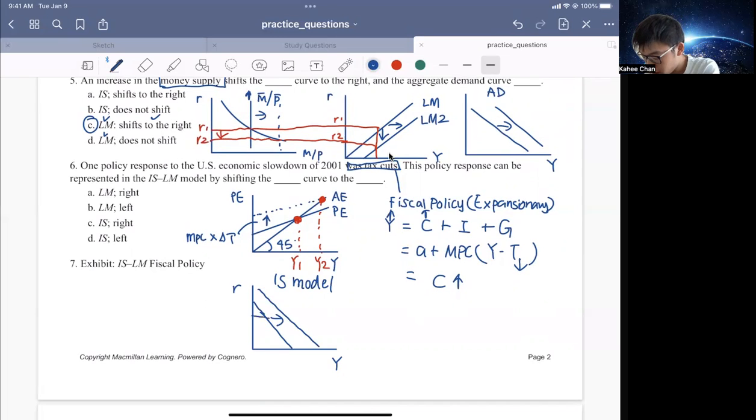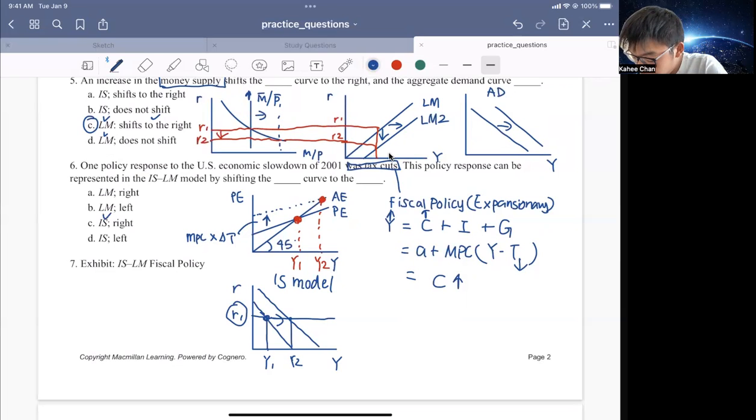If the interest rate is right here, the interest rate does not change, but Y is changing, Y1, Y2.